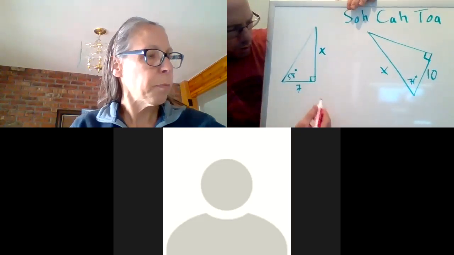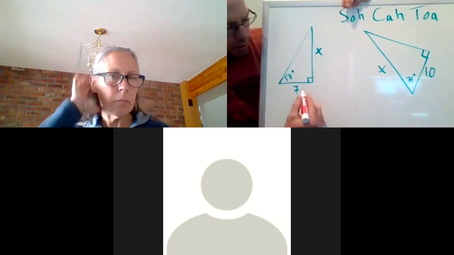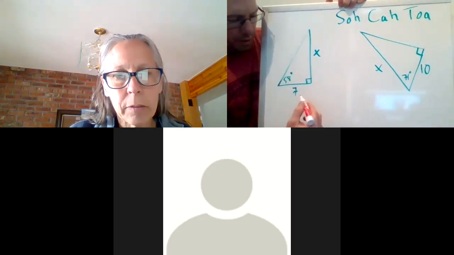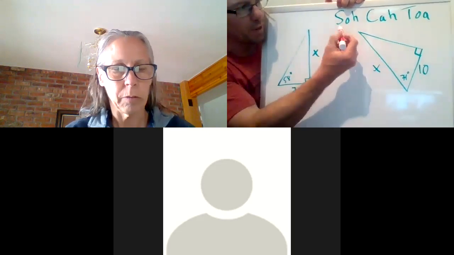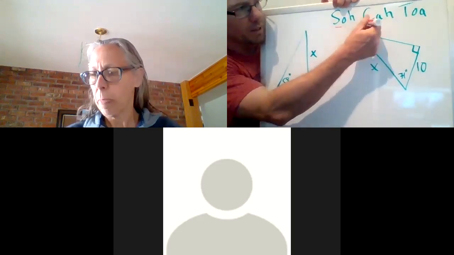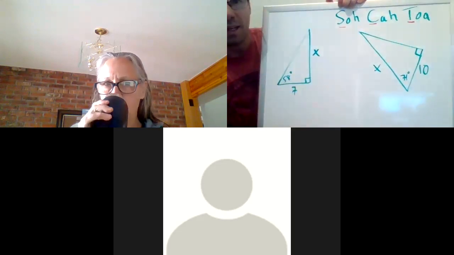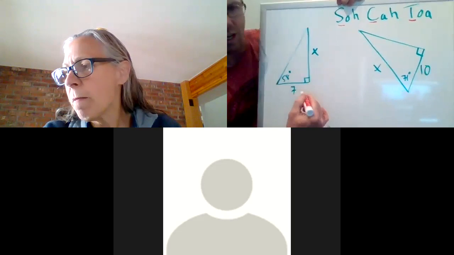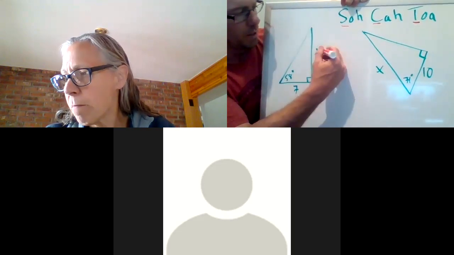A great way to start these types of problems is, based on where the angle is, labeling your sides, right? I've got these 3 functions, sine, cosine, and tangent, and knowing which one to use is pretty tough unless you know which sides you have, okay?